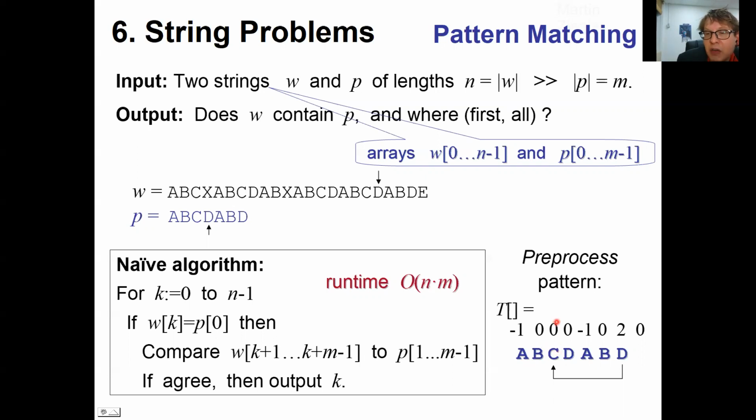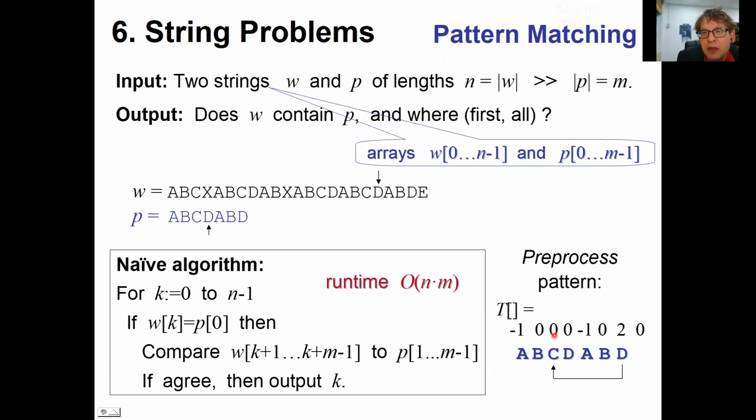Same here, this 0 indicates that if we have had a partial occurrence, A and B occur in the search string, but the next symbol is not a C, then we should start over again, not decreasing the position in the search string, but resetting the position in the pattern to the start, to check whether this symbol, which is not a C, may be an A, and the next symbol may be a B. So 0 means reset the index in the pattern to the beginning and keep the current position in the search string.